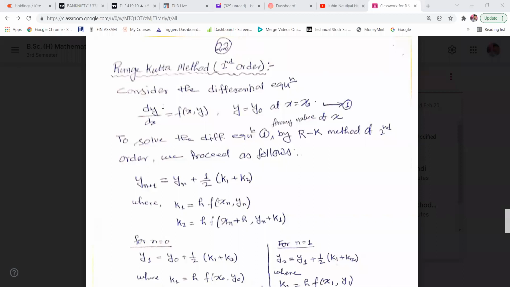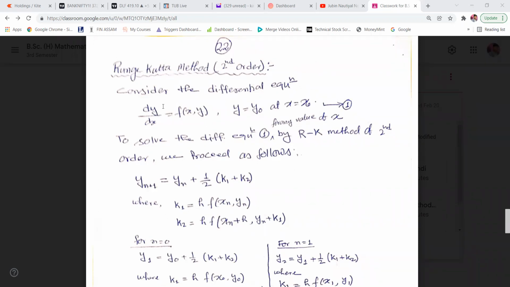So mainly in exam, your question will come like: solve the given ordinary differential equation of order 1 using Runge-Kutta method of fourth order. But we need to know what is its second order, what will be its third order, and what will be its fourth order, and why we are finding the second order, then the third order, then the fourth order.